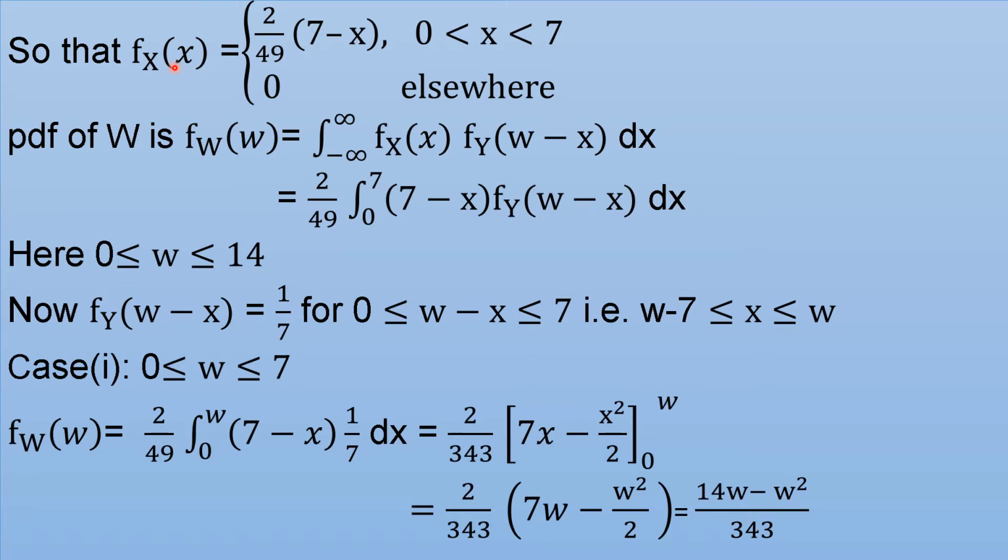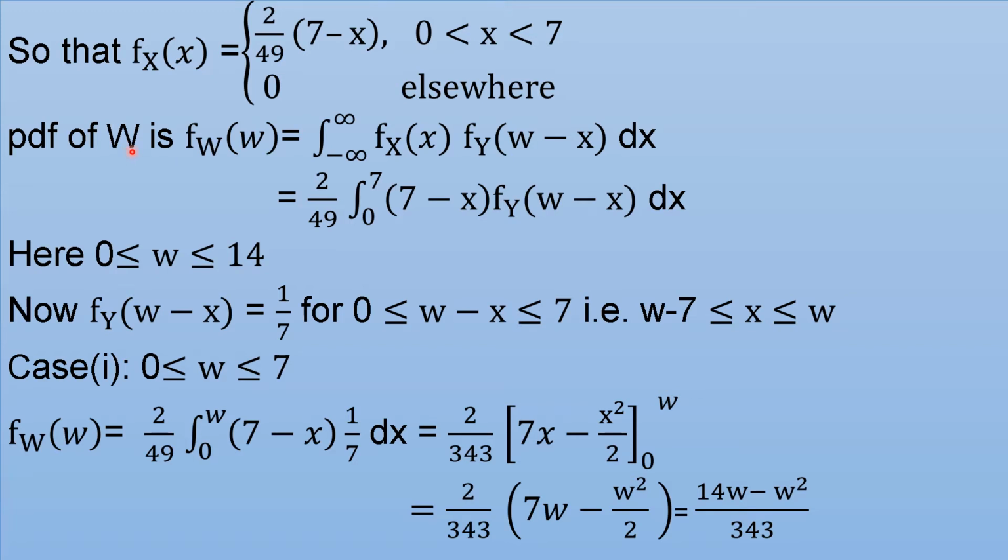Substituting the value of c, fx of x will be 2 divided by 49 into 7 minus x for x between 0 and 7, and it is 0 for other x values.